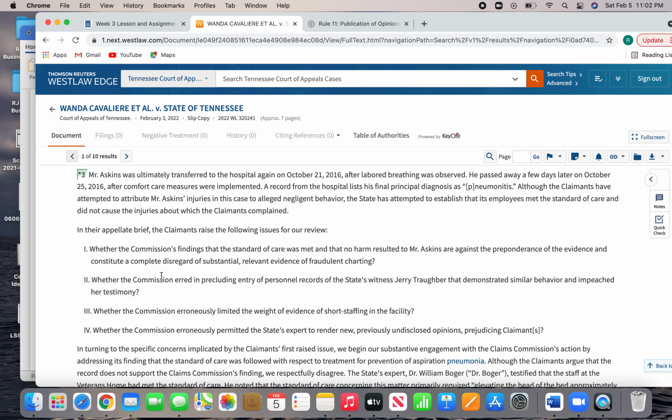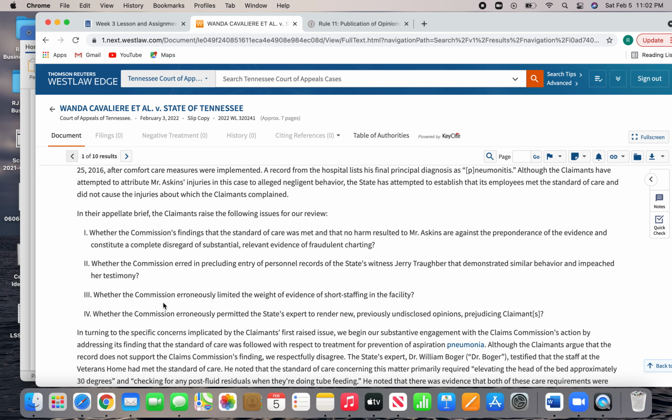And here I was skipping all over the questions. So pretty much the legal question is whether the commission's findings that the standard of care was met and no harm resulted to Mr. Askins are against the preponderance of the evidence and constitute a complete disregard of substantial relevant evidence of fraudulent charting.